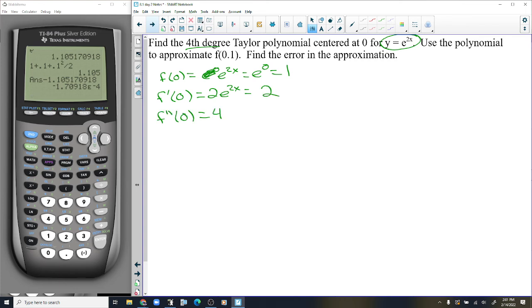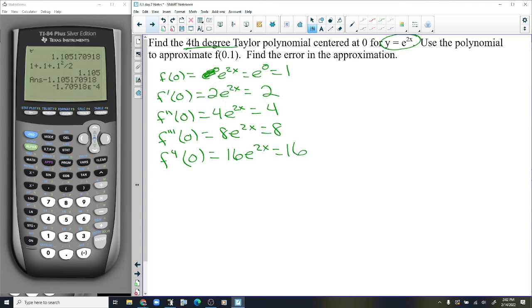Second derivative is 4e to the 2x, which is 4. Third is 8e to the 2x, which is 8 when you plug 0 in there. And finally, the fourth derivative, we're doing 4th degree Taylor polynomial, is 16e to the 2x. And when you plug 0 in there, you get 16. So now the derivatives aren't just 1s.